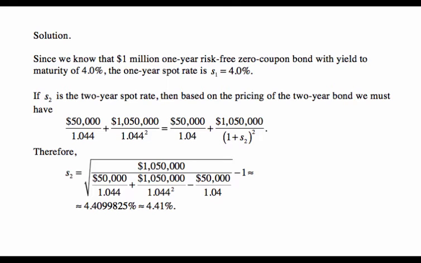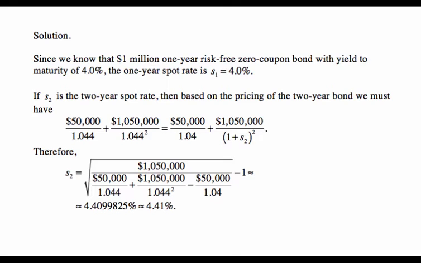That's called a yield. And the right-hand side has the individual payments discounted at the corresponding spot rates. So the payment in 1 year is discounted at the 1-year spot rate, and the payment in 2 years is discounted at the 2-year spot rate. Now, (1 plus S2) is squared at the bottom because we're discounting over 2 years.